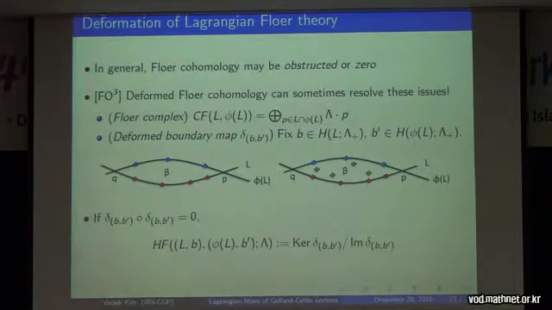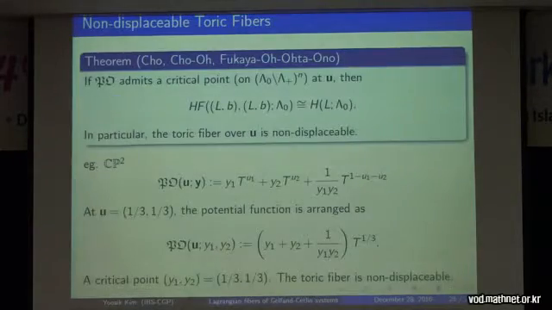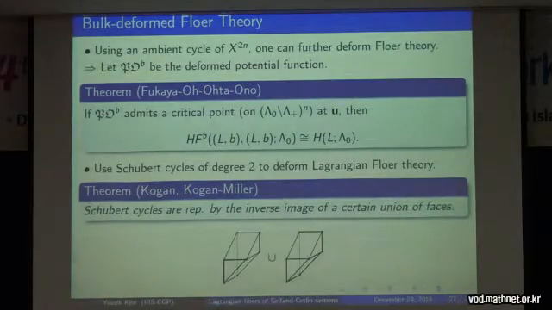You can actually further deform the Floer theory. That's the bulk-deformed Floer theory. Then Fukaya-Oh-Ohta-Ono's result says that if the bulk-deformed potential function admits a critical point, then again we can achieve the non-displaceability of the Lagrangian L. So what I'm going to do is use a Schubert cycle of degree 2 to deform the Lagrangian Floer theory.